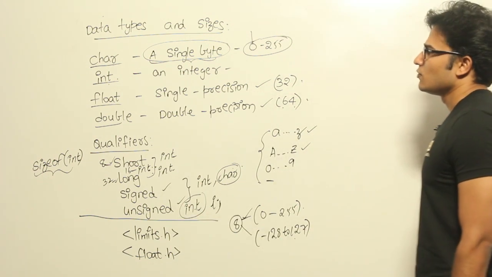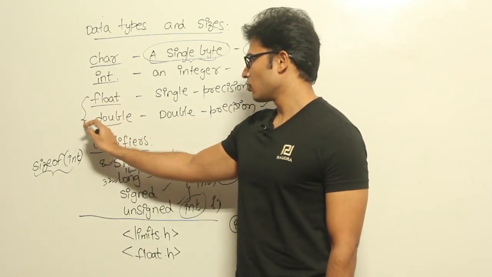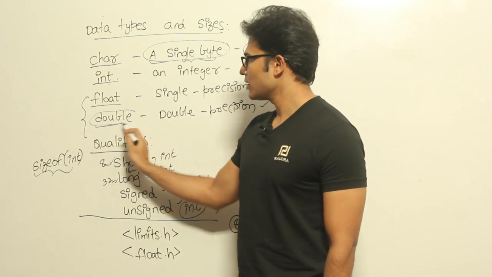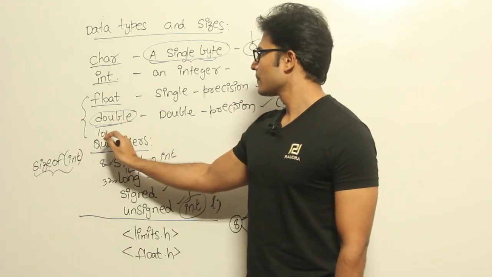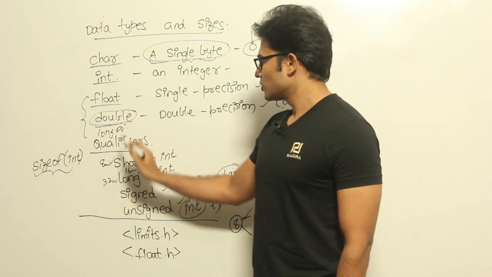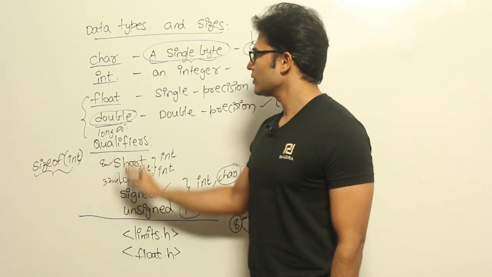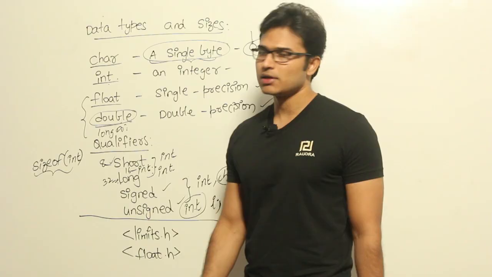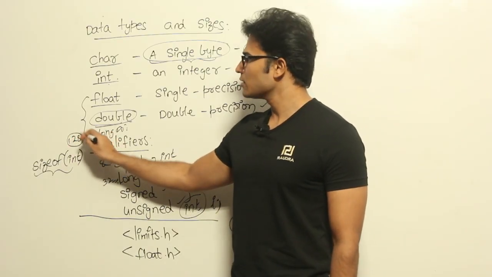And similarly, if you want floating point numbers which are larger than double, some implementations will use long double, right? Which means this long qualifier is used with double to provide much greater precision. Maybe you might have 128 bits in that case.